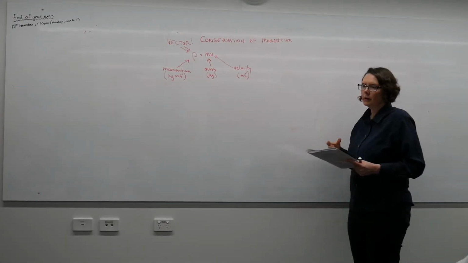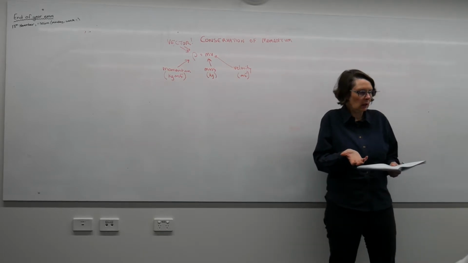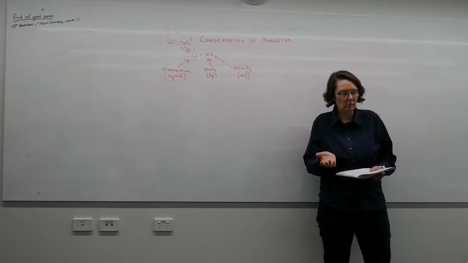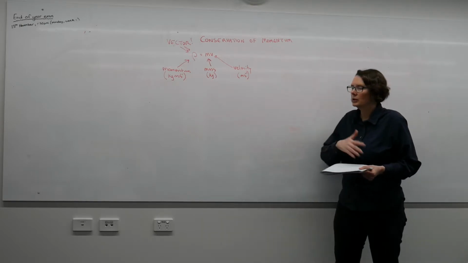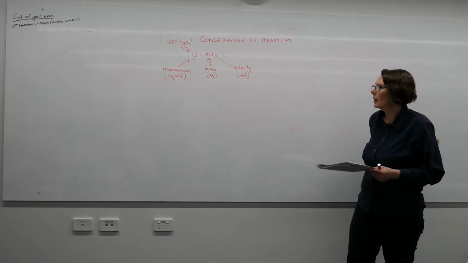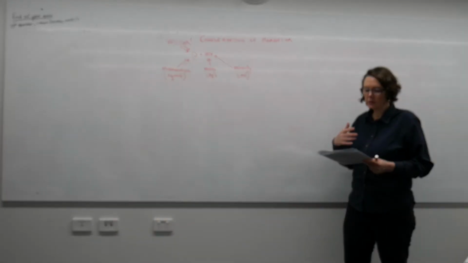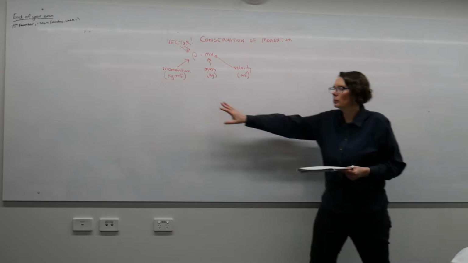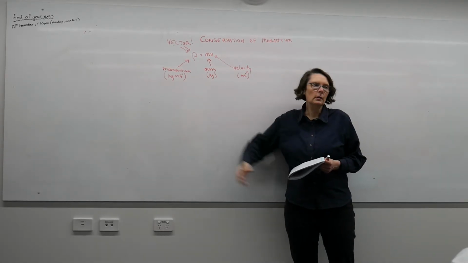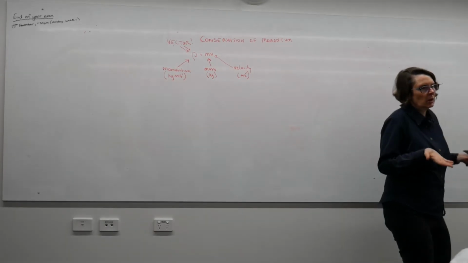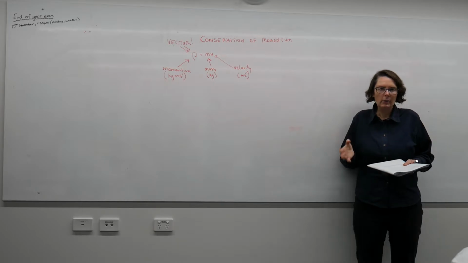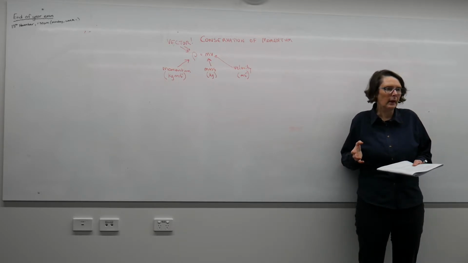If an object is stationary, then it's going to stay stationary unless it's acted on by an unbalanced force. And an object that's moving will keep moving, the same thing, unless it's acted upon by an unbalanced force. But this tendency to keep moving is called momentum. And we can also think about how much momentum an object has. It's easy to think about how easy it is to stop that object.